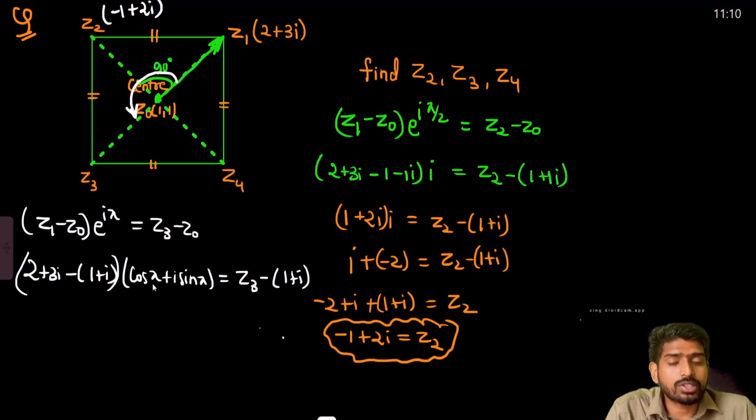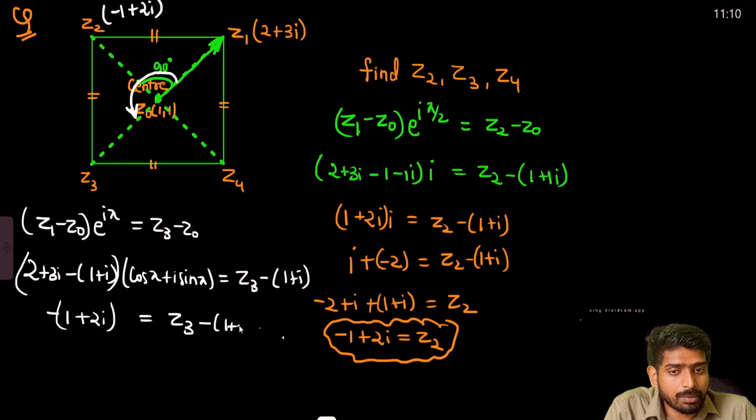Now what is cos pi? Cos pi is minus 1 and sin pi is 0. So this overall is minus 1. So we'll calculate 2 minus 1 is 1, 3 iota minus iota is plus 2 iota. And this will give minus of that is equal to z3 minus 1 plus iota.